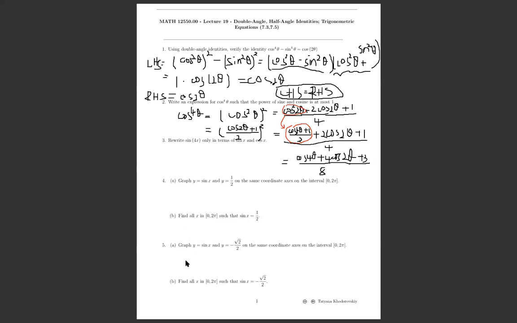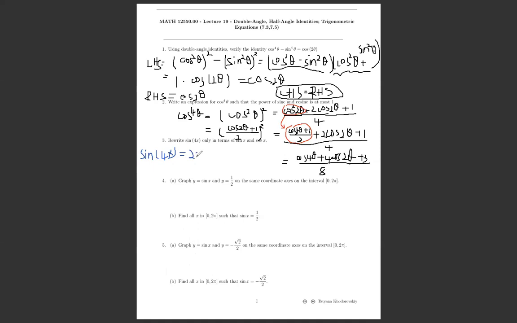Next one, you have sine of 4x. And sine of 4x is just double of 2x. So you apply the double angle identities first.